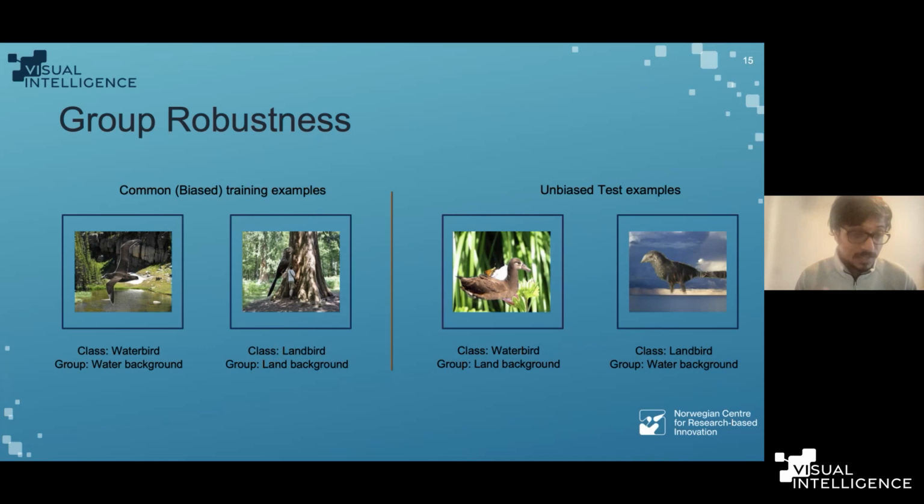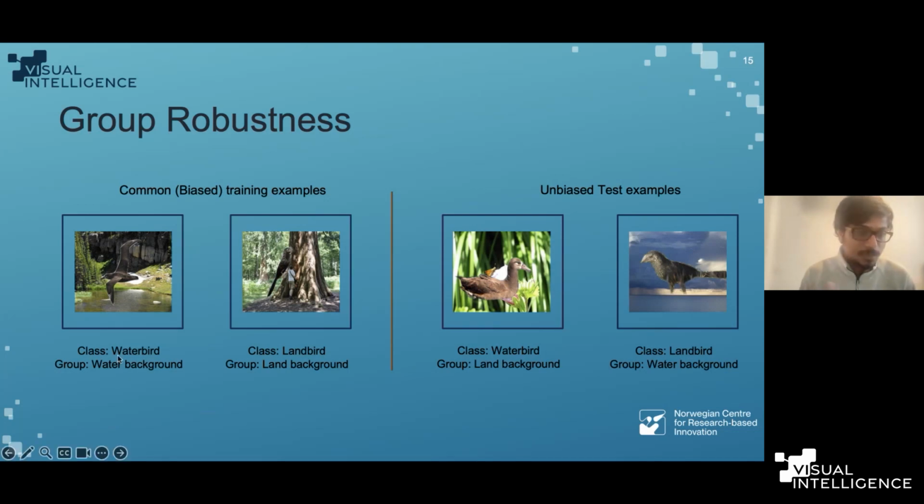And what this does is it exists to demonstrate that the classifiers will pick up on these backgrounds. The test set, however, is balanced. The test set is debiased. So in the sense that 50% of waterbirds will have water backgrounds, and the other half will have land backgrounds. So there it's half and half, but the training data is biased.